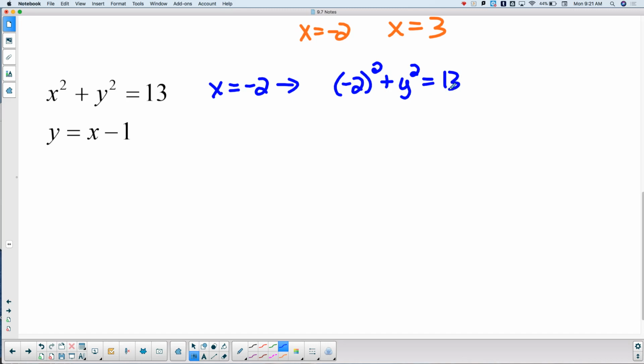What is -2 squared? 4. So this is really 4 plus y squared equals 13. What would you do next? Subtract 4 gives me y squared equals 9.